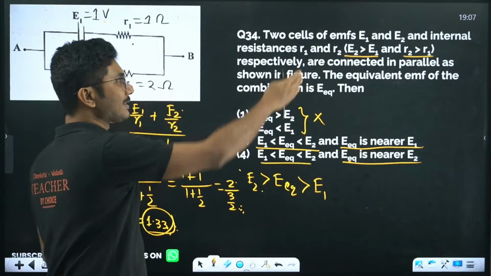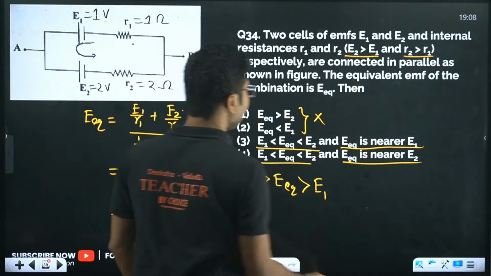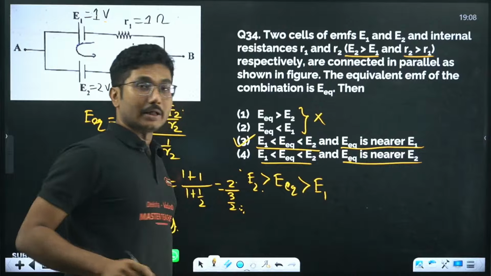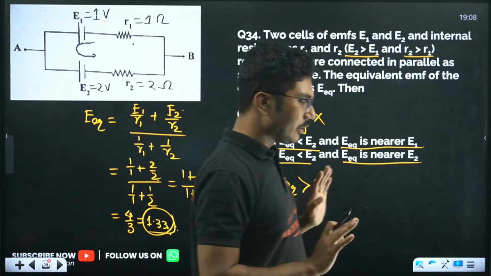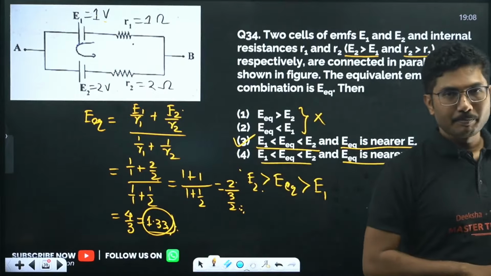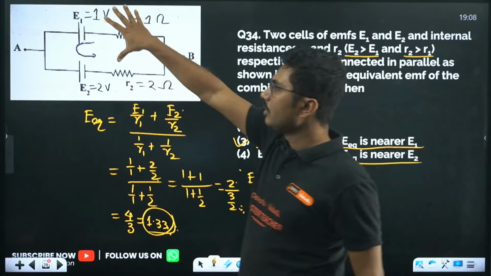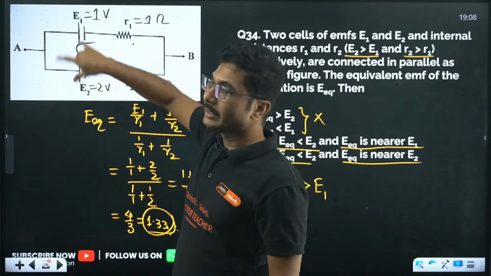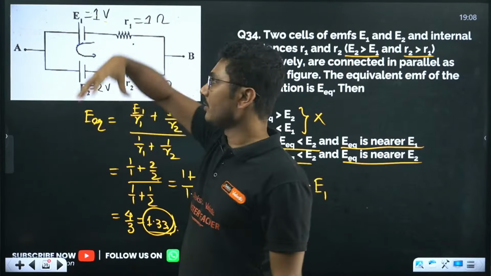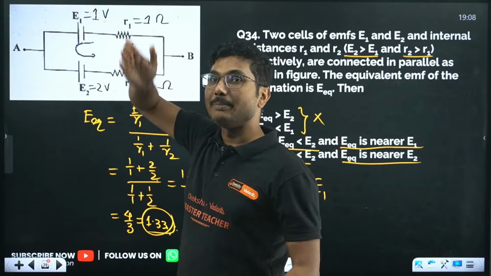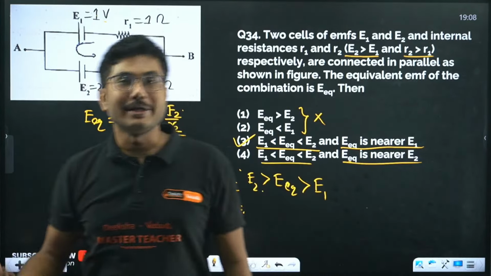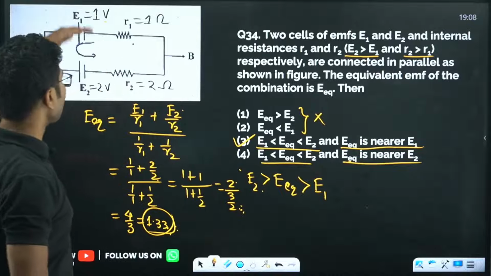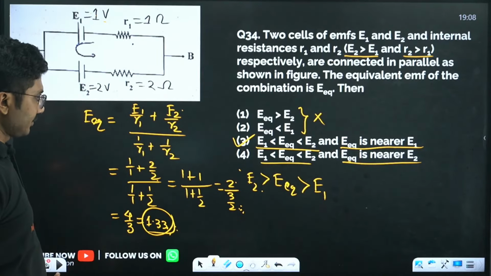Remember, in parallel combination, equivalent EMF can at most have the value of both EMFs if they are the same value. Otherwise it will always be between the two and it will always be closer to the smallest EMF.